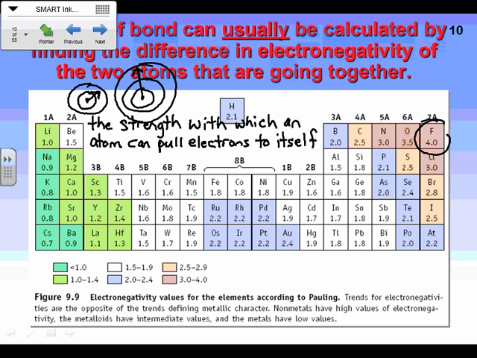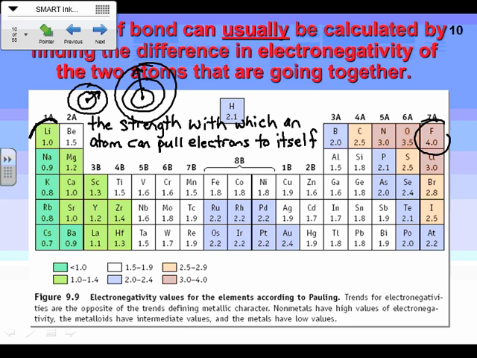So that's basically why fluorine is the most electronegative: it's the smallest in group 17, and the group 17 atoms want just one more electron, so they're going to pull pretty strongly on an extra electron. So that's kind of the idea of electronegativity.